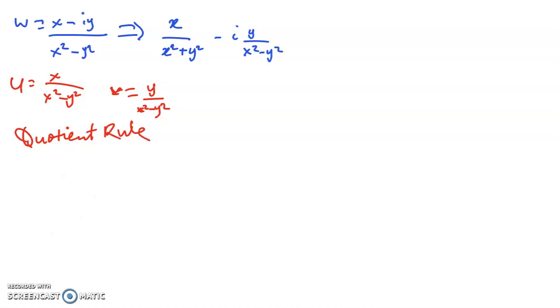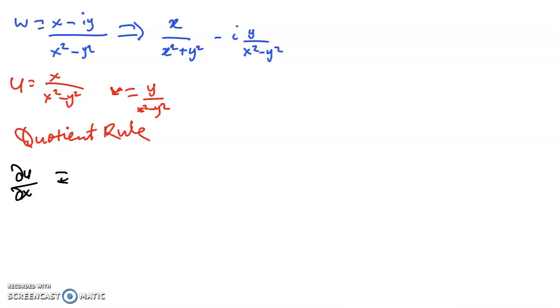Now we want to do our partial u partial x, with respect to this u, which is x divided by x squared minus y squared. If you pay attention to that video on the quotient rule, we have a formula that we normally use. I call it low d high minus high d low, divided by low squared.